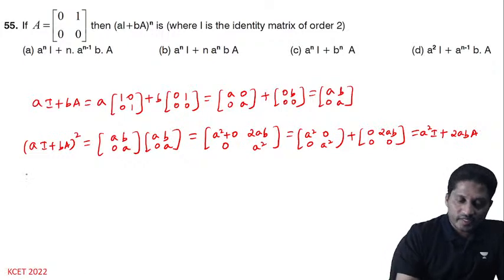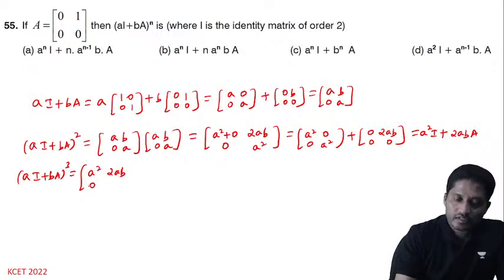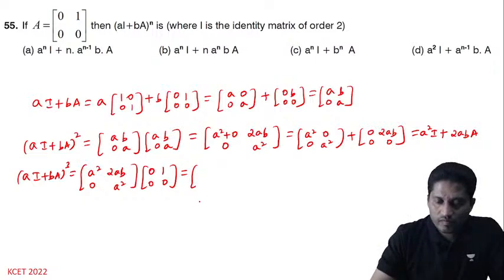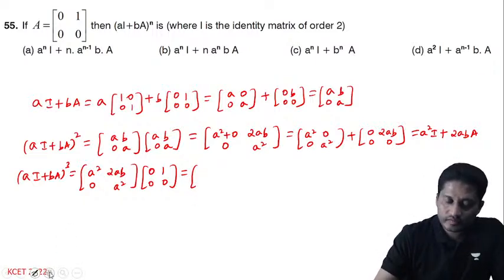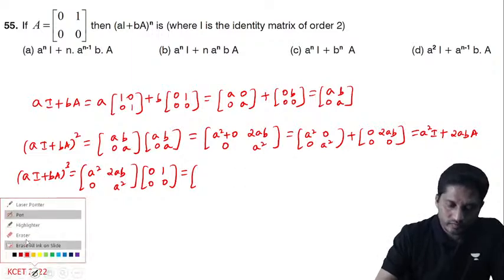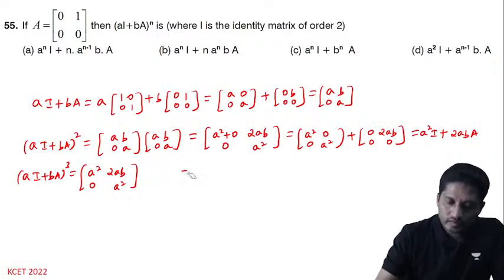Right, now similarly if I take suppose AI plus BA the whole cube, this will be equal to A square 2AB 0 and A square into matrix A will be equal to 0, 1, 0, 0. Now if I multiply, sorry, it should be into A, right? This is cube.